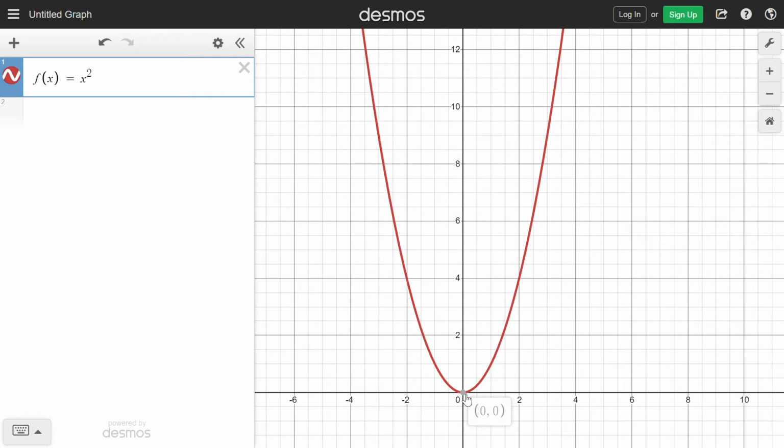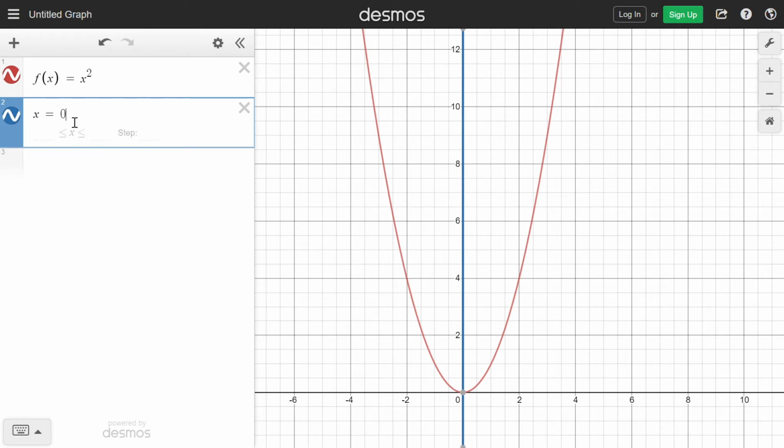What's of interest? What about the equation of the axis of symmetry? Now, this is going to be a straight line equation, and you've got to think, if you folded this parabola in half, at what x value would you be folding it? And it would be getting folded at x equals 0. So if I plot that, x equals 0, you'll see we have a straight line vertically cutting our parabola into two identical symmetrical halves.